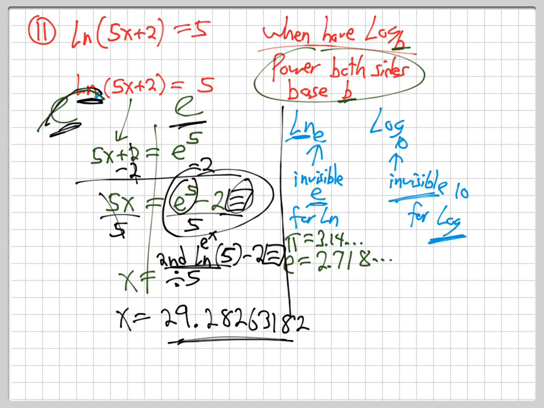So there we go. Let's go on and try number 12. Number 12, log base 4 of x to the 7th is 8. So we're wanting to solve. How do you solve a log?